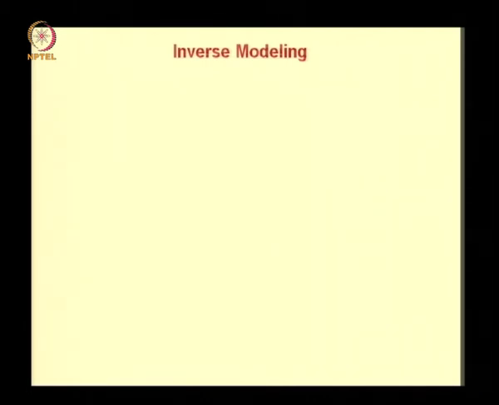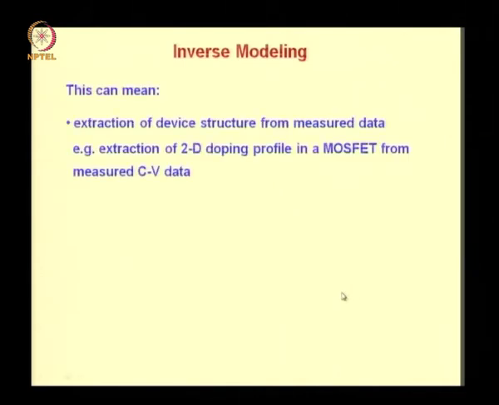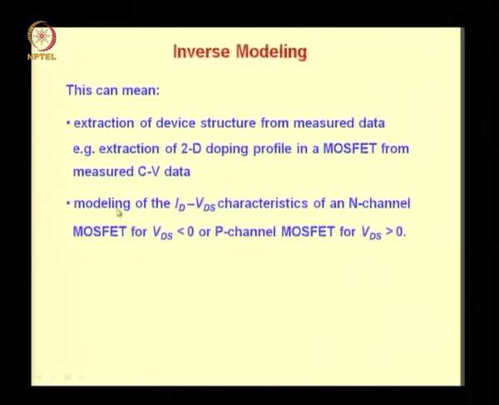Let us look at the meaning of the word inverse modeling. It can mean two things. One meaning is extraction of device structure from measured data, for example extraction of two-dimensional doping profile in a MOSFET from measured CV data. Another meaning is modeling of the ID-VDS characteristics of an N-channel MOSFET for VDS less than 0 or P-channel MOSFET for VDS greater than 0.